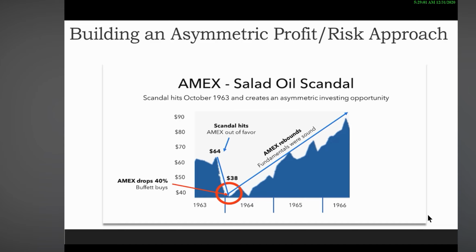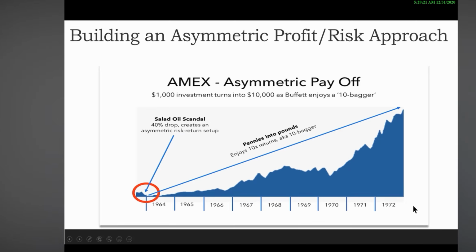Now, Warren Buffett didn't look at it as rolling the dice because he saw the asymmetric profit potential of this trade. He basically said, listen, there is no more downside in American Express stock. All of the bad news has been baked in. It's all upside.